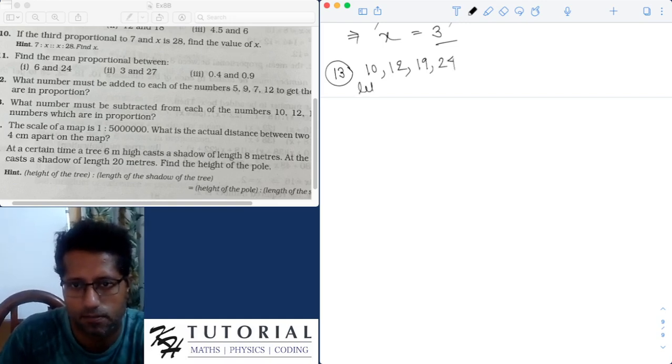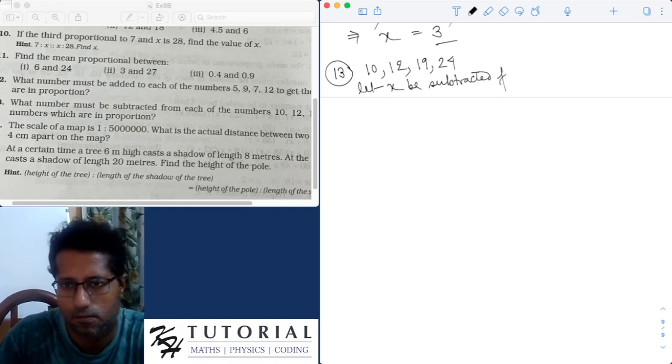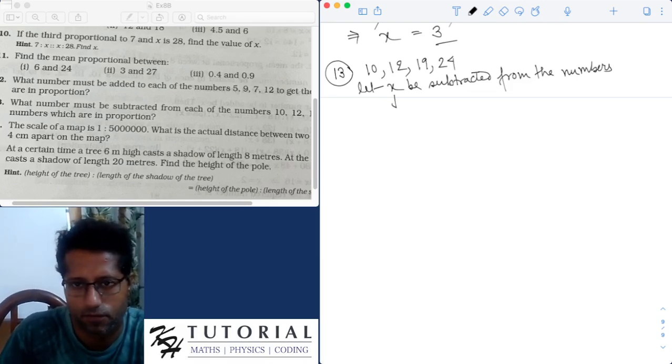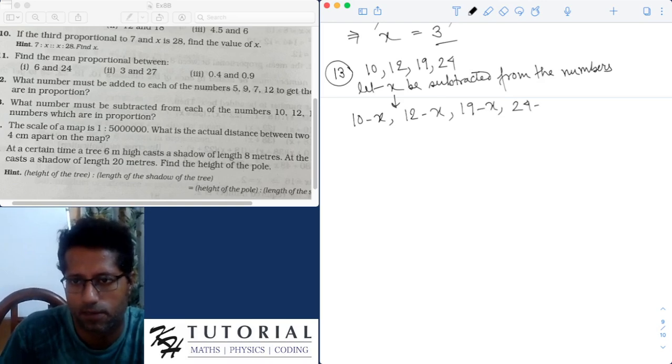So let x be the number subtracted from the numbers. After subtracting, the numbers become 10 minus x, 12 minus x, 19 minus x and 24 minus x.